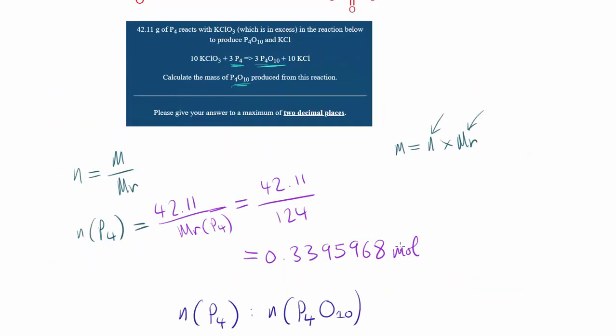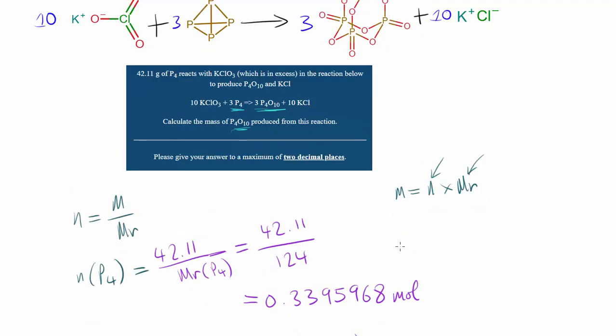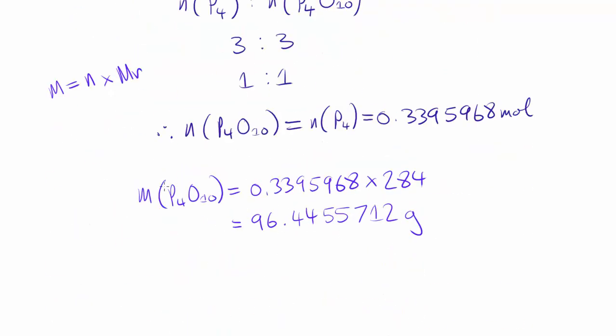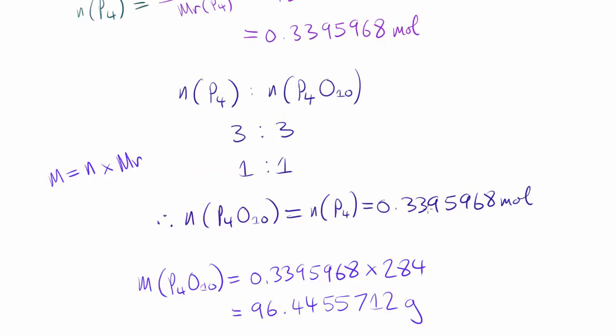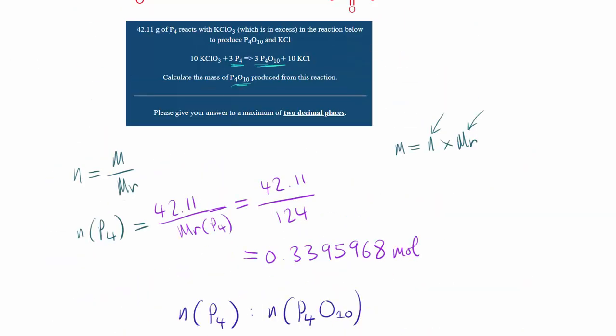Okay, so again, if we look at the question, the mass is what we've been asked to work out, and so we have a mass here for the P₄O₁₀. So we've made significant progress on the question, but importantly, we do need to pay attention to what it requests us to do with the answer: a maximum of 2 decimal places.